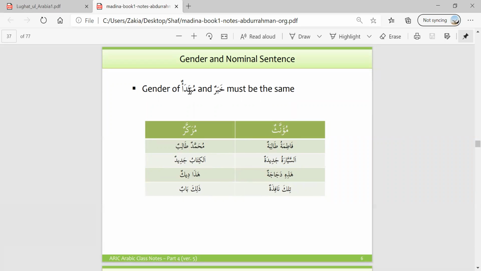Okay, so the mubtada, which is the subject, and the information, the khabar. We then have ismu ishara, which is hadhihi, and then we follow: if the noun is feminine, we will use feminine demonstrative nouns. So ismu ishara will become feminine. If we are talking about anything that's far away and it is feminine, we'll say tilka, which is a demonstrative noun for that, lil ba'id.